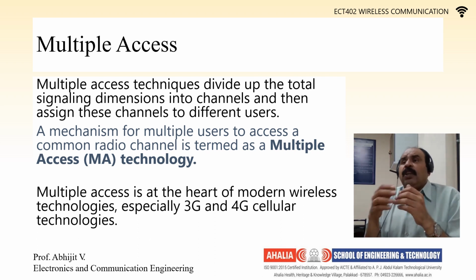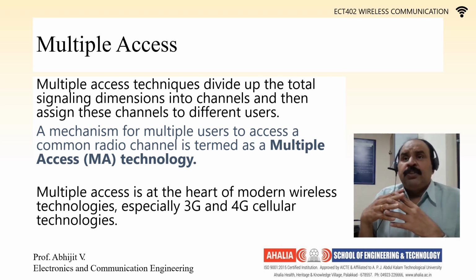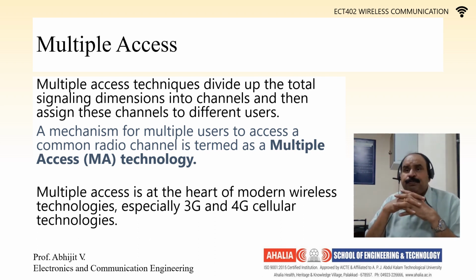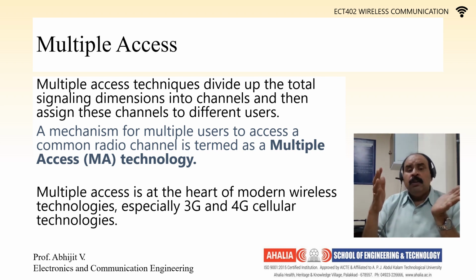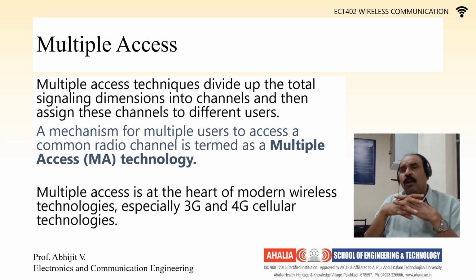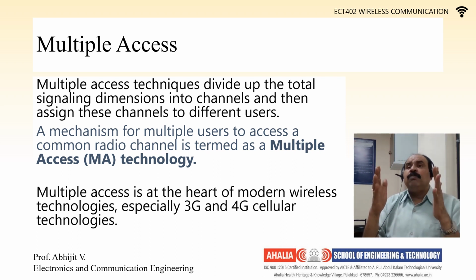So what is really meant by multiple access and multiple access technologies? Multiple access techniques divide the total signaling dimensions into different channels and then assign these channels to different users. What is a channel? A channel is nothing but a band of frequencies which is allocated to a particular user.